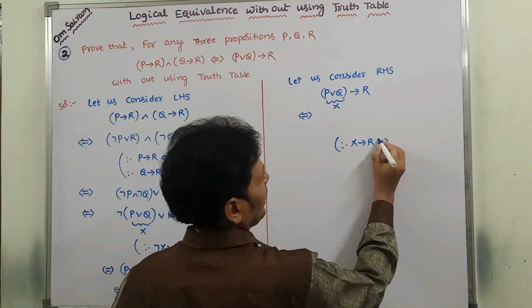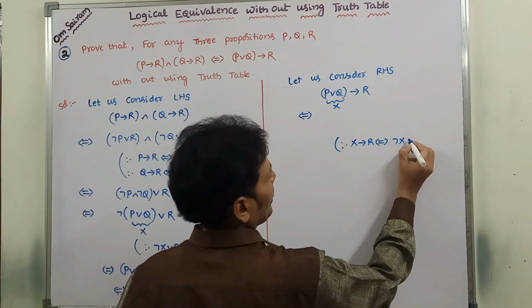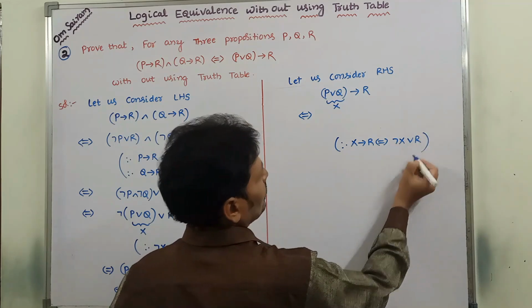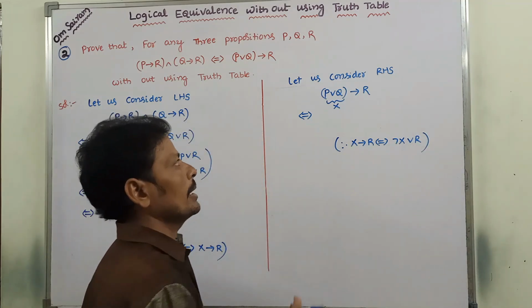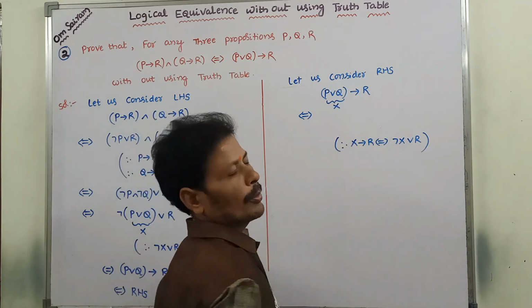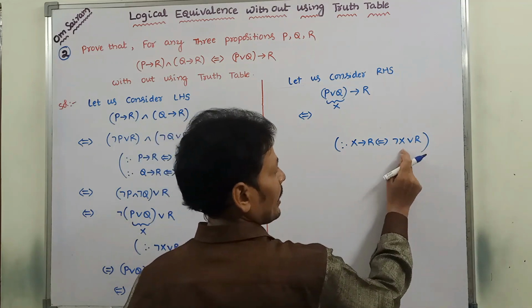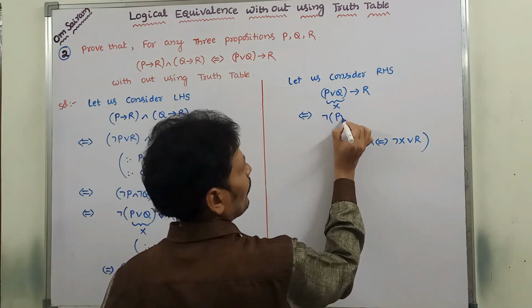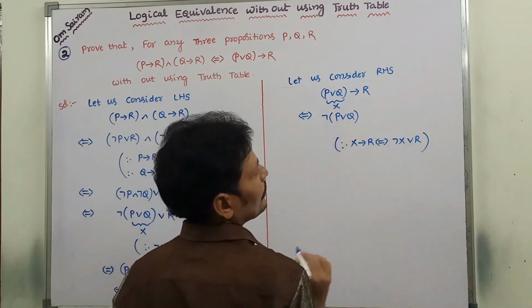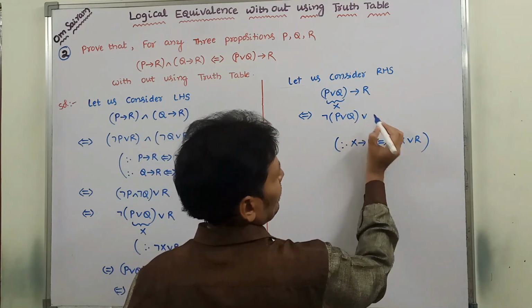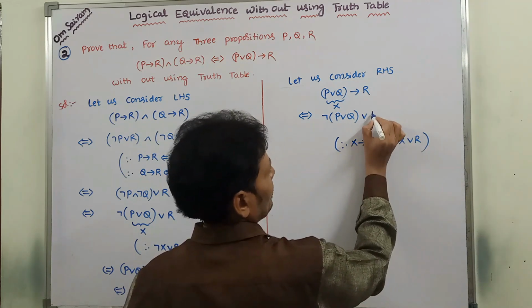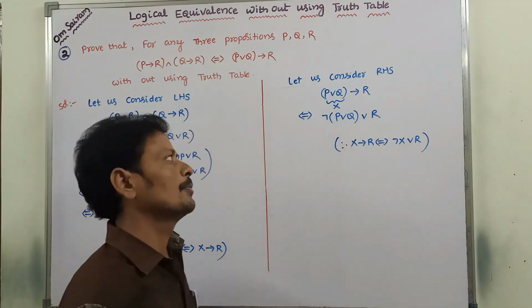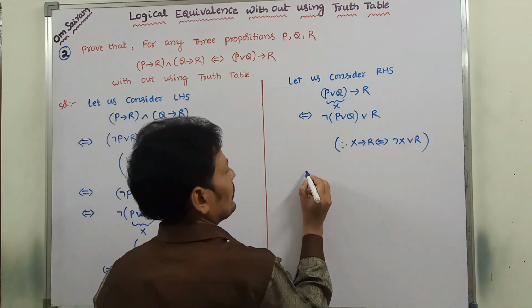It is logically equivalent to negation X or R. In the place of X, P or Q is there. So here negation X means negation of P or Q, R, capital R, as usual.